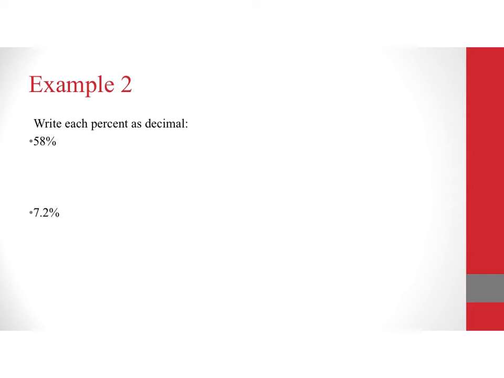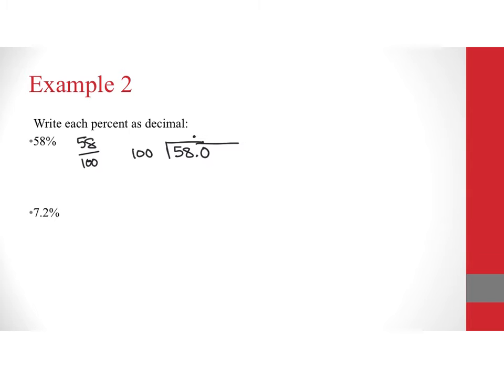Now for example 2, it says to write each percentage as a decimal. Well, we wrote these as fractions in the previous example. So this turns out to be 58 over 100. And so if I want to write it as a decimal, I can do my long division. Remember, my numerator goes underneath and my denominator goes outside. So 100 cannot go into 58, so I'm going to drop in a decimal.